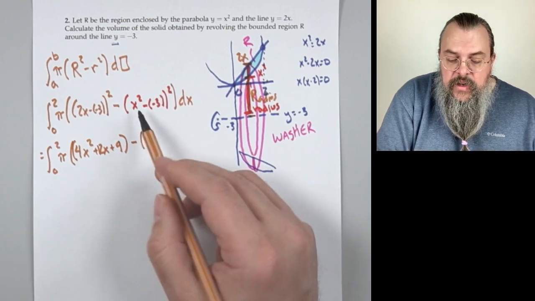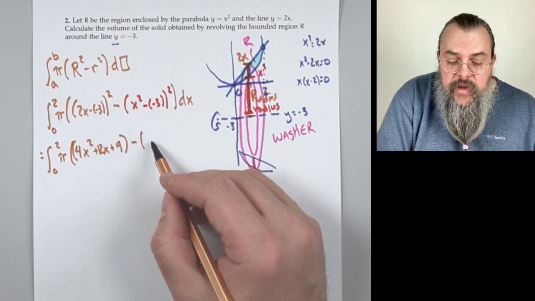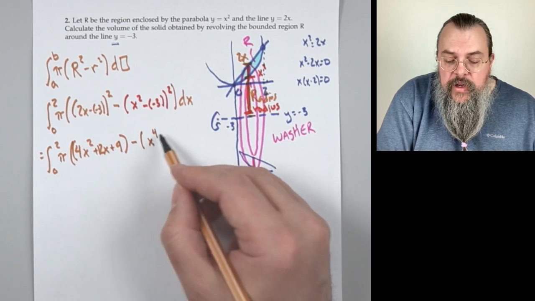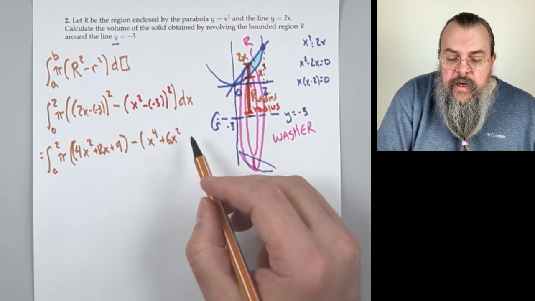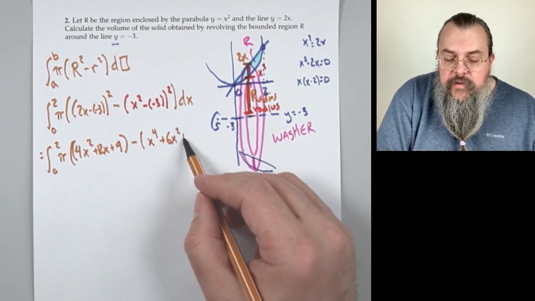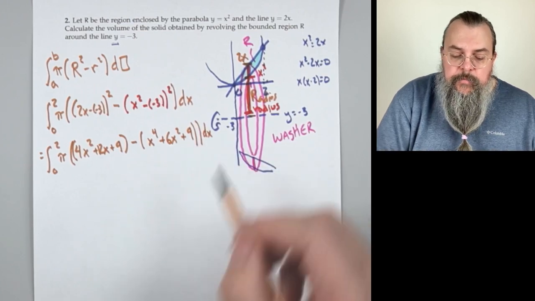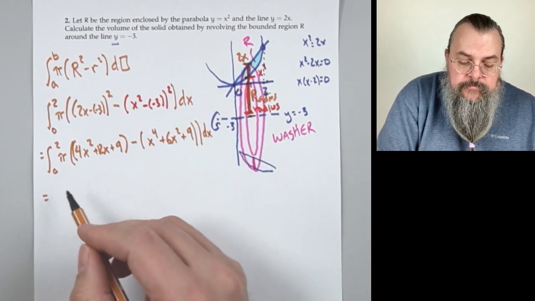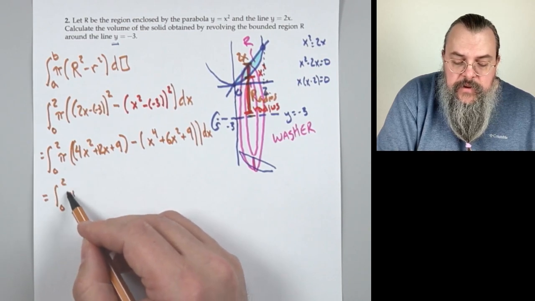Subtract, and now here it's x squared plus 3, because minus minus makes a plus, squared: x to the fourth, plus 6x squared, plus 9, dx. Well, does anything simplify? Well, yeah, a few things.